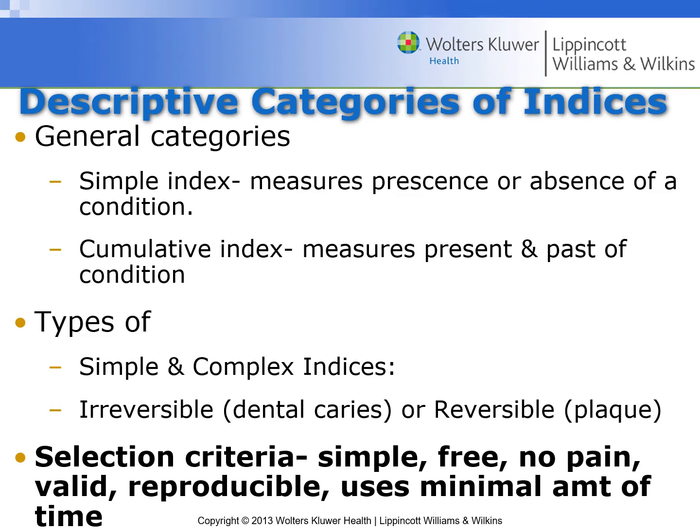You have irreversible indices, which is a way of conducting maybe dental caries because it's irreversible, or reversible, such as plaque, because through education you can learn to take the plaque off in a better way, and so that situation can be reversed. The selection criteria, no matter what you choose, needs to be simple, needs to be free, no pain, it should be valid, and reproducible and uses a minimal amount of time.